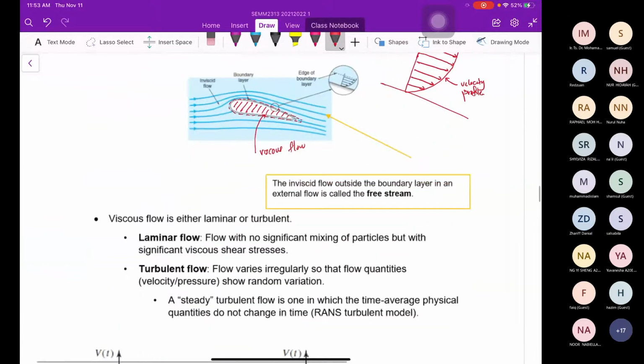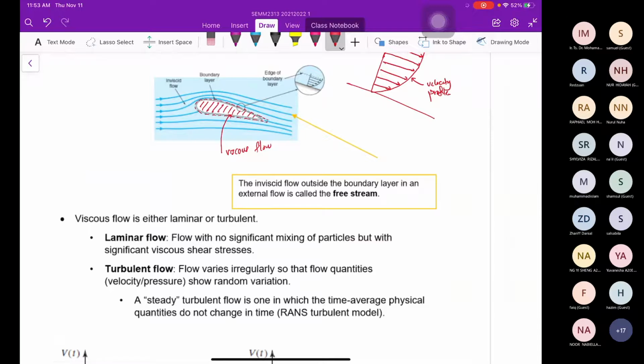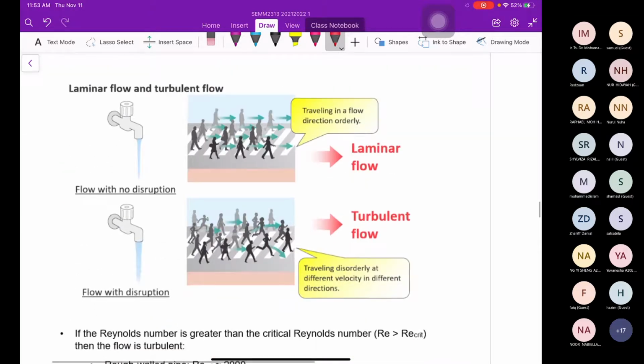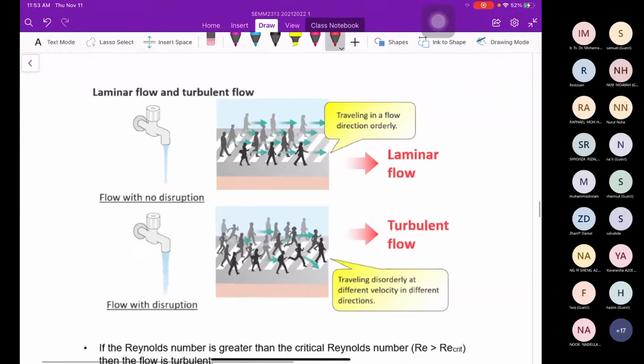And then for the viscous flow, that means inside the boundary layer, it is either laminar or turbulent. So what is laminar or turbulent? I want to show you clearly. We have a group of people walking towards the same direction, from left to right, traveling in the flow direction in an orderly manner.